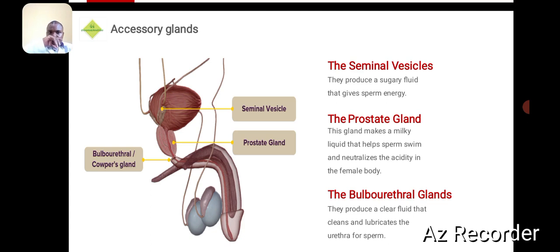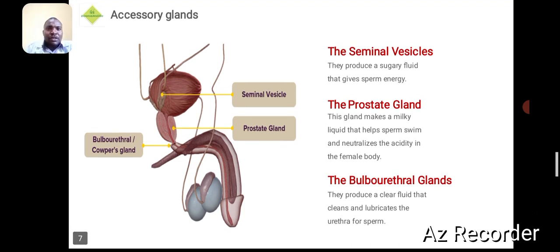All right, the bulbourethral gland or Cowper's gland, I want to call this the forerunner. It goes ahead to lubricate the penis and make the place ready before the ejaculation. Sometimes you feel like you aren't really having sex, but maybe you're being stimulated or something, and you begin to feel something is slippery.